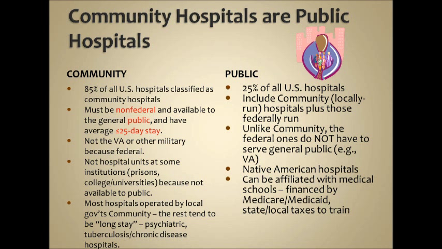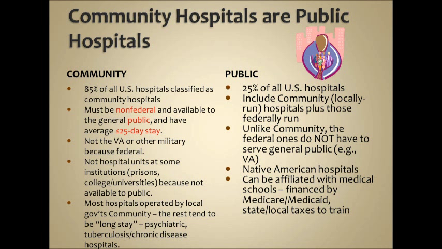The VA is a great example. It's not public, like you can't just go there, you have to be a veteran. Same with the Native American hospitals, which we don't actually hear much about in Massachusetts, but where I'm from in Minnesota, the Indian Health Service infrastructure is very important, and those are national hospitals, and they're not public. You have to be Native American or somehow qualify to use their services.